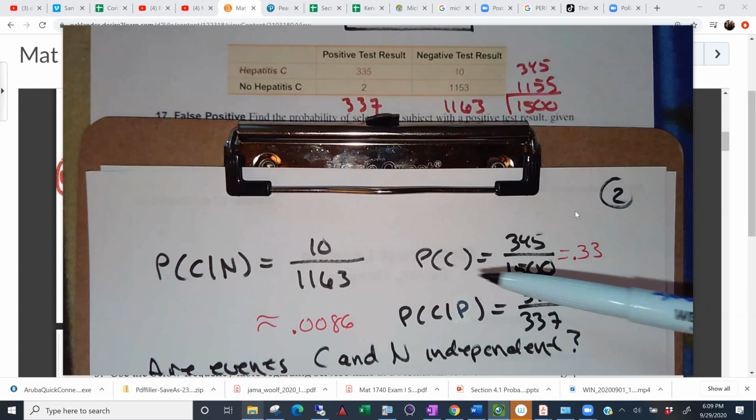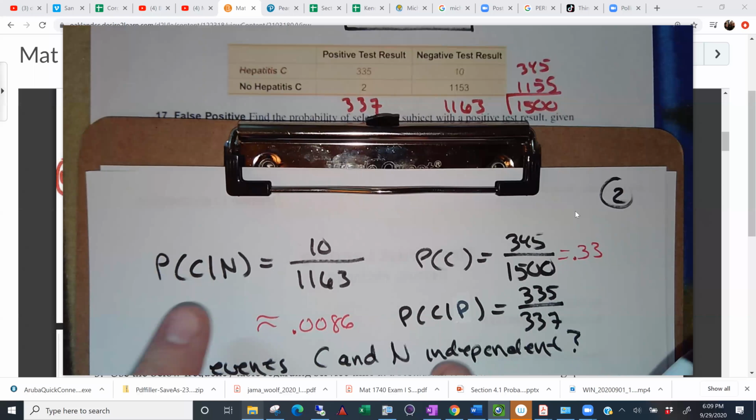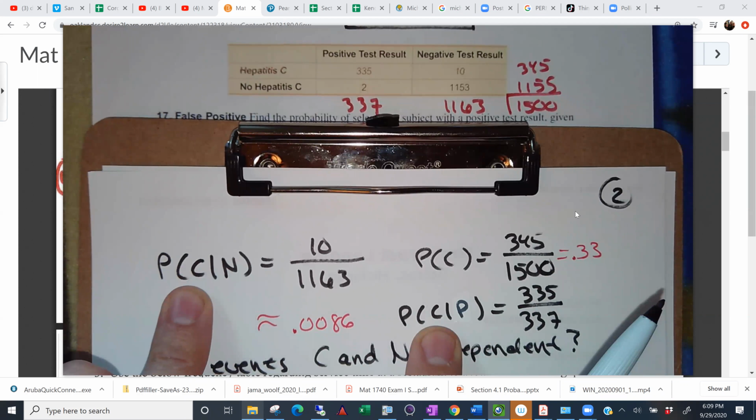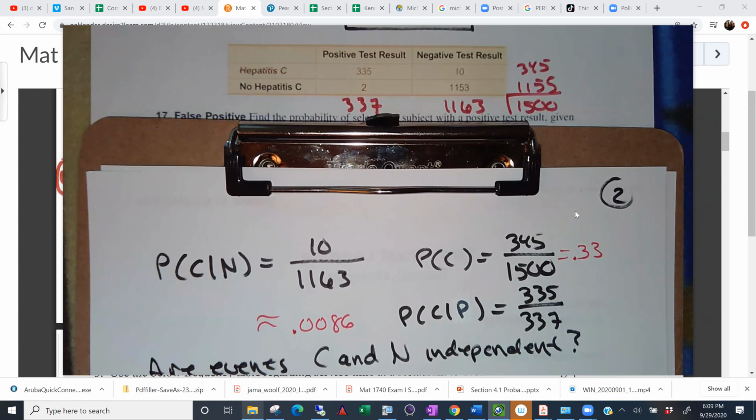So again, whether or not they're positive or negative, that information greatly impacts the probability of them actually having hepatitis C. So that's going to be like 99%. 335 divided by 337. Yeah, so about 99.4%.